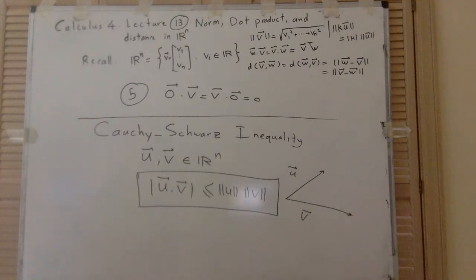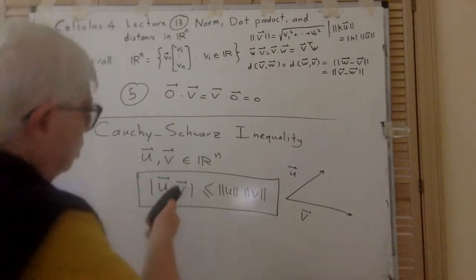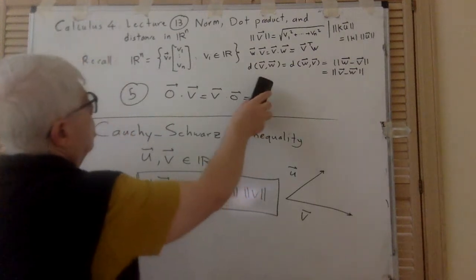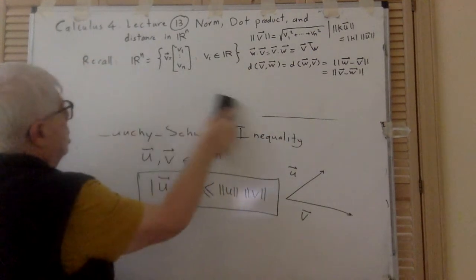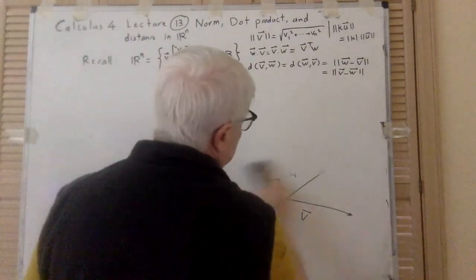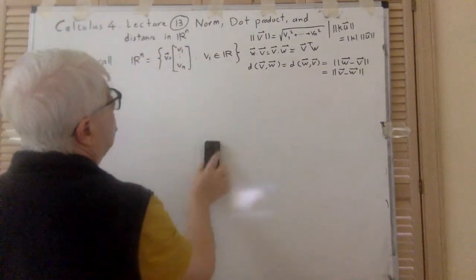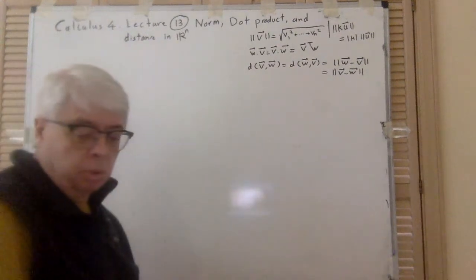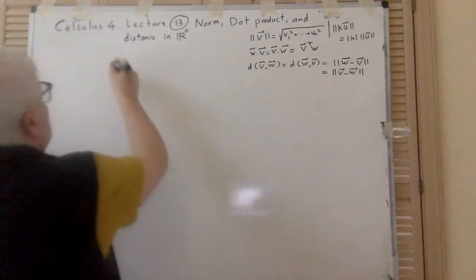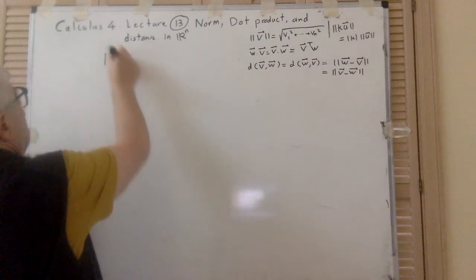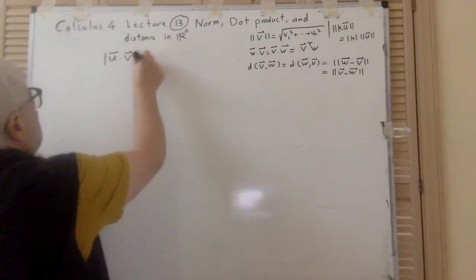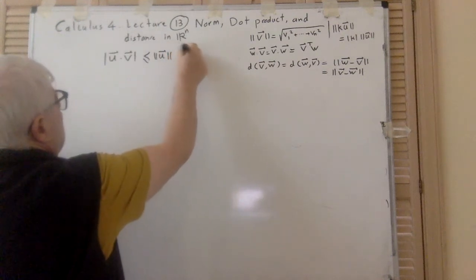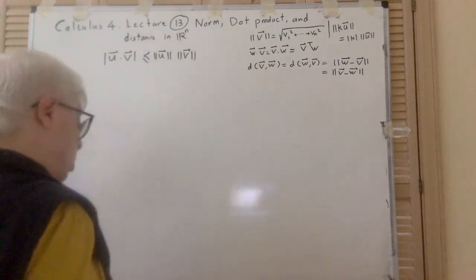So let's see an implication here, a crucial implication, so let me erase this and write it somewhere up here. So the Cauchy-Schwarz inequality is absolute value of U dot V is less than or equal to norm U times norm V. As numbers, these are just numbers, positive numbers.